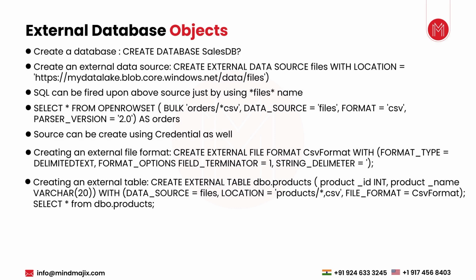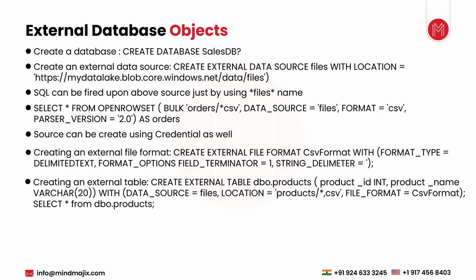And as part of external objects creation, we have used so far only three types: CSV, Parquet format, and then JSON format. But if you have a custom file format, if you want to mix and match a few things, you can create an external file format, and then you can give a name.